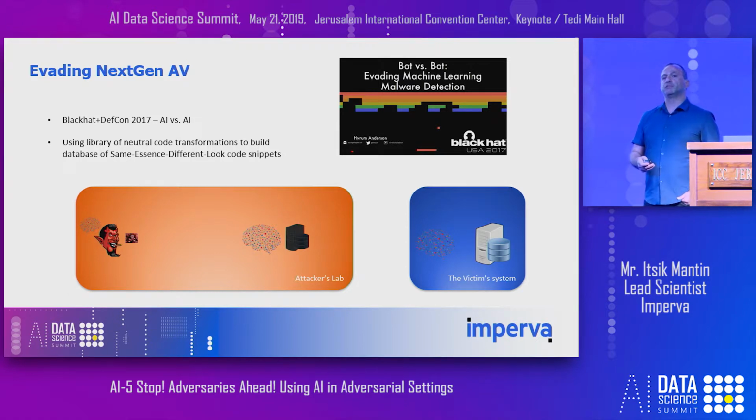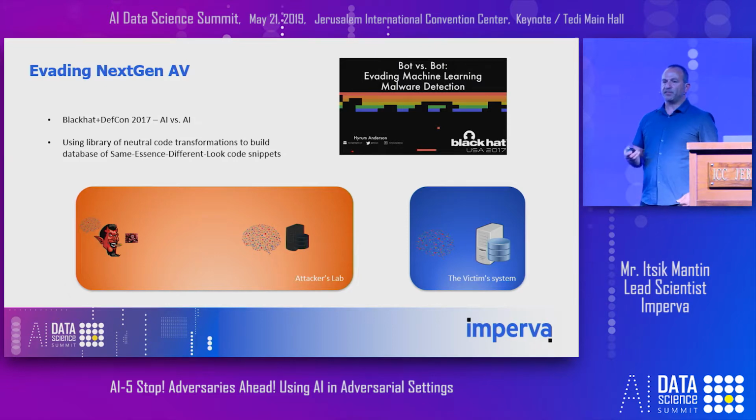And another super cool example, which I saw 2 years ago in a security conference, was a bot versus bot research. The attacker wanted to evade an antivirus that was designed using machine learning. They built a library of neutral code transformations, an exercise that a third-year computer science student can probably do, just to create transformations that change the code without changing its functions.